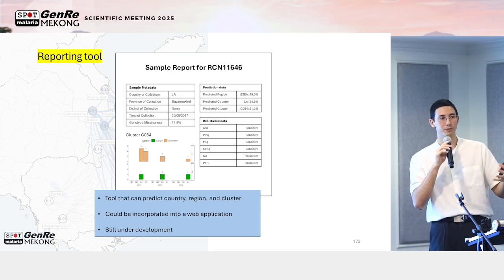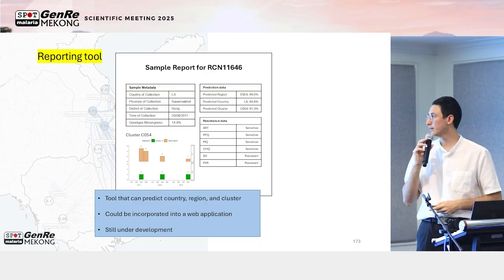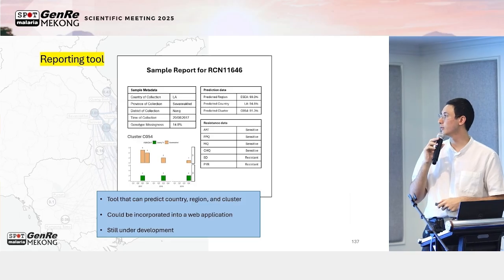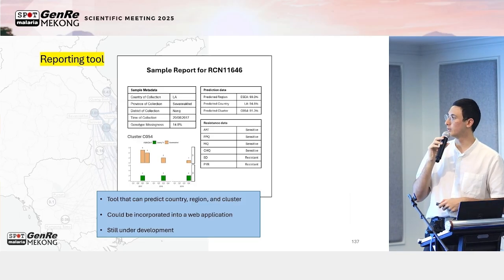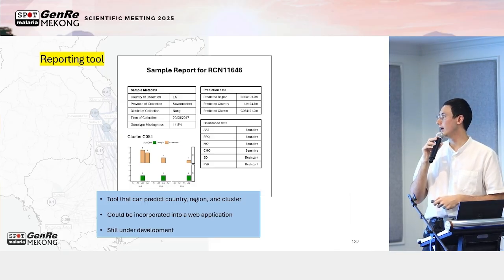So this can tell you about how confident we should be in the predictions based on the genotypes. And it would also tell you about the most probable prediction for region, country, and cluster, as well as give the prediction probabilities.